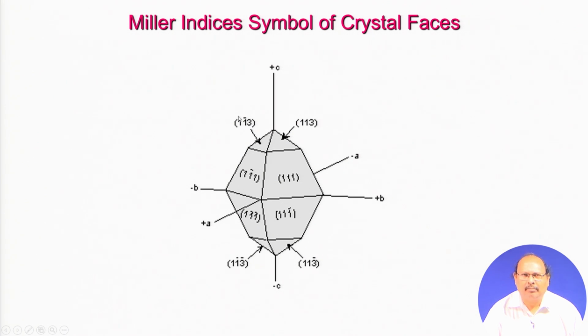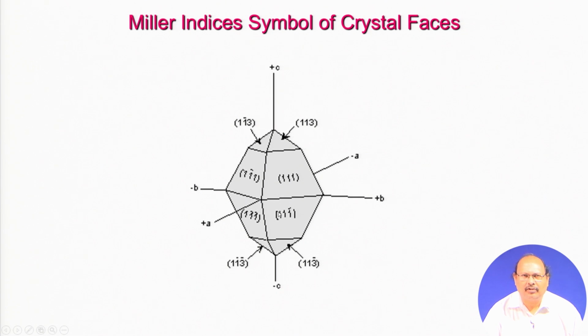When we write a bar symbol with a particular axis position, it means that particular phase intersects the negative direction corresponding to that axis. In this case, this intersects the negative direction of the B crystallographic axis, but it intersects all the positive directions of the A crystallographic axis and C crystallographic axis.